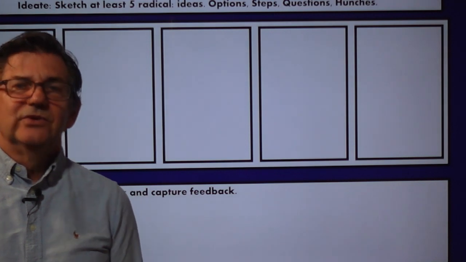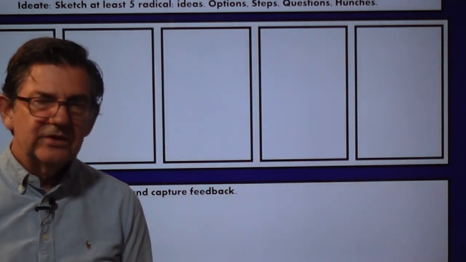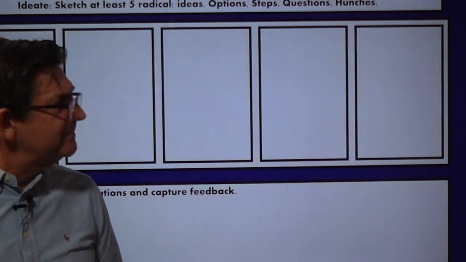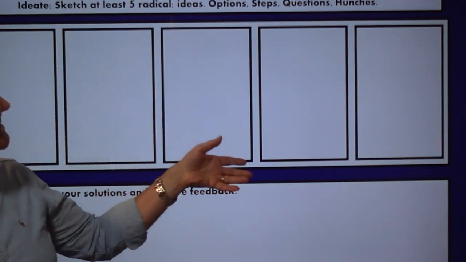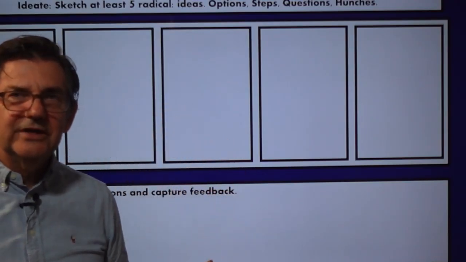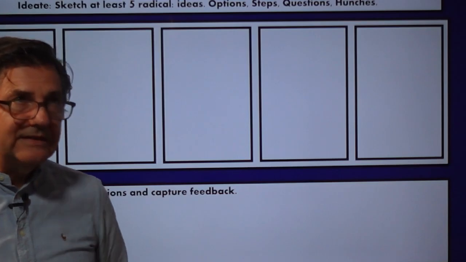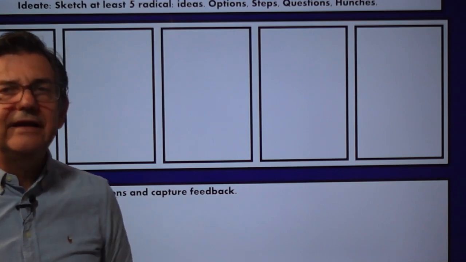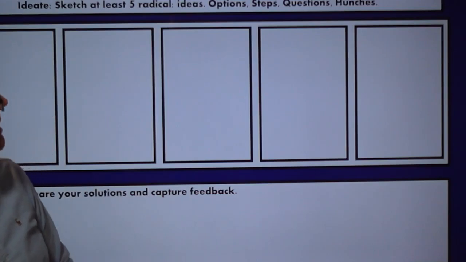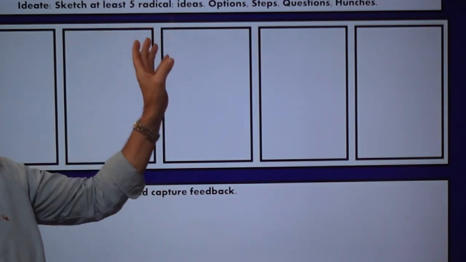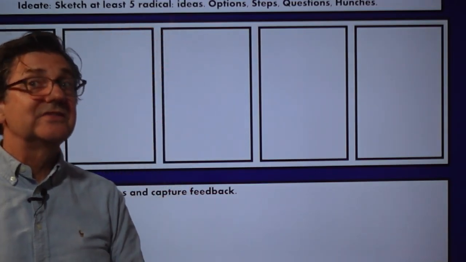So that's all very well, and let's leave you with something a little more structured. So this was originally put together from the D-School, and it's called 5 Radical Ways of. But I've just turned it into literally sketch at least 5 radical somethings.